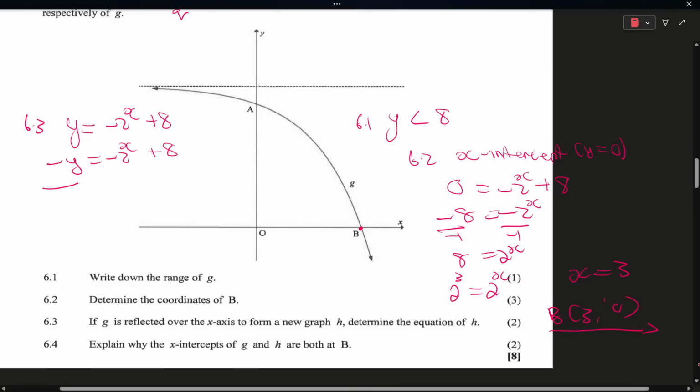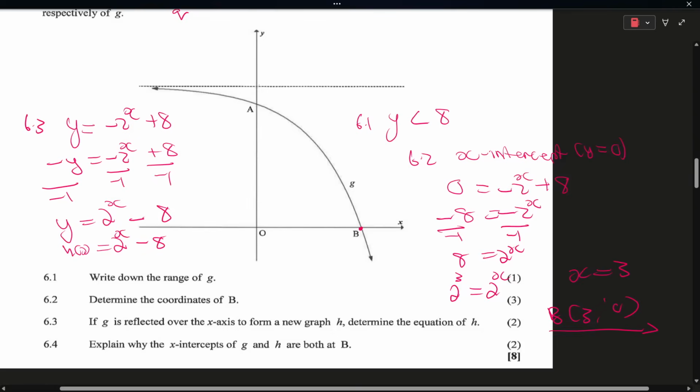And I divide by negative 1. We're going to have y is equal to 2 to the power of x minus 8. That is my new graph. I will name it h, to form h. And I will name it h at x is equal to 2 to the power of x minus 8.